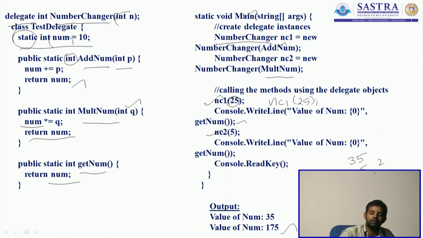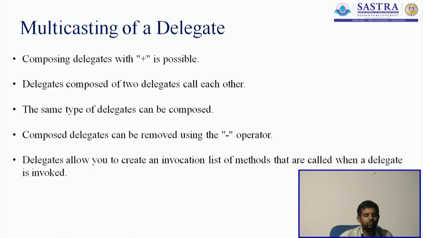It will be multiplying and the final outcome is going to be 175. Like that the outcome will be obtained. So with this example you may be in a position to understand how a delegate can point to a function, right? We have some more features which are nothing but multicasting, which could also be done, right?